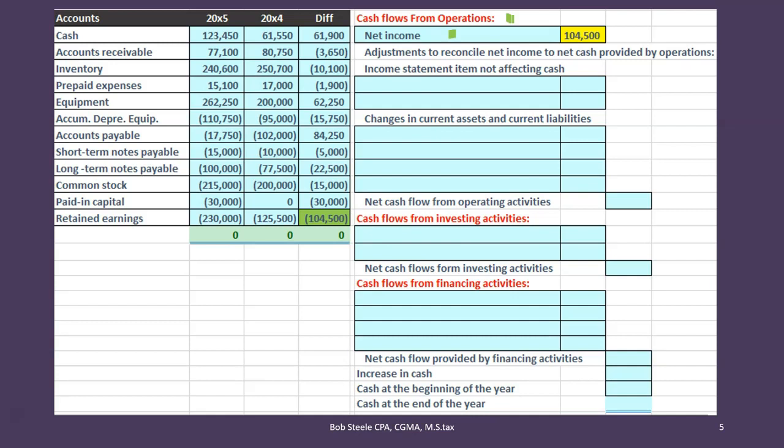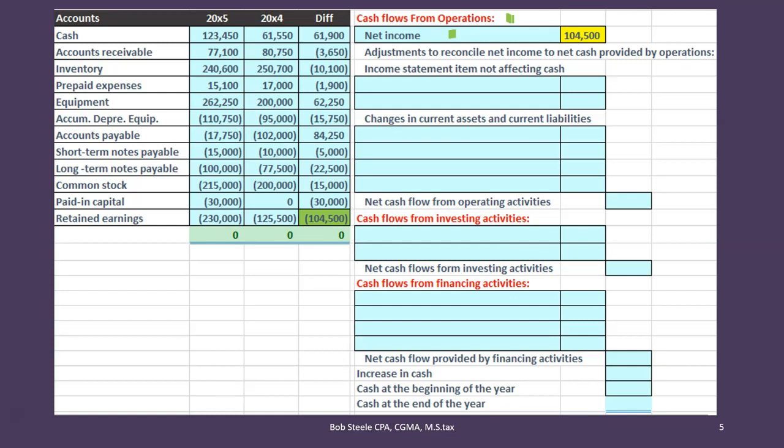I would convert revenue to receipts from customers. And all the expenses, we would convert from an accrual basis to a cash basis and say all expenses are cash paid for expenses. So then we would say, cash received from customers minus expenses that were actually paid with cash gives us the net income on a cash basis. So that would be the direct method in essence.